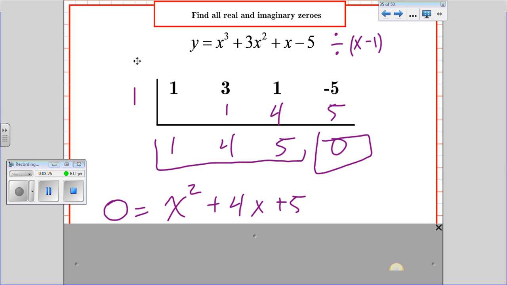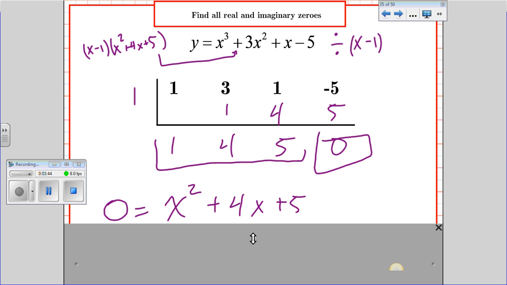If you want to verify that, you can take x minus 1 and multiply by x squared plus 4x plus 5, and I will bet my bottom dollar that you end up with this polynomial.